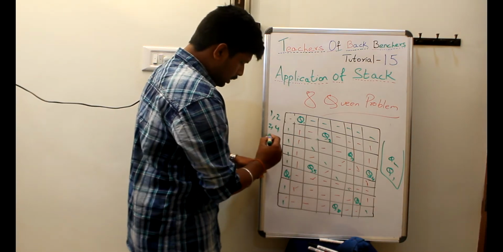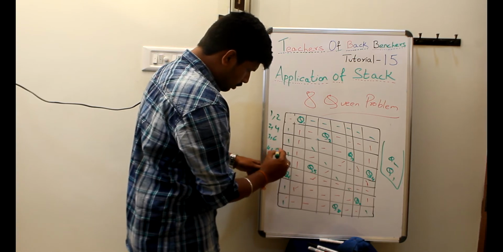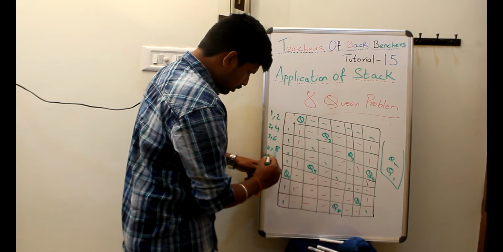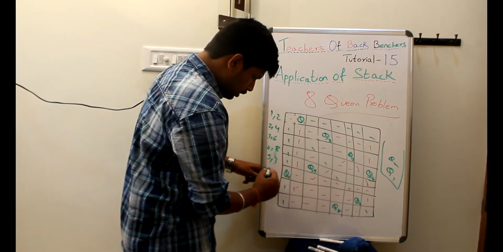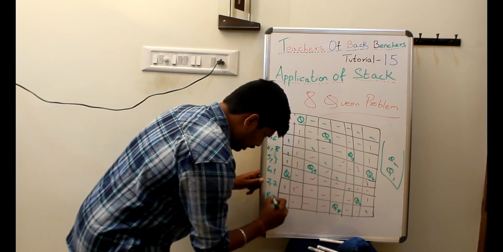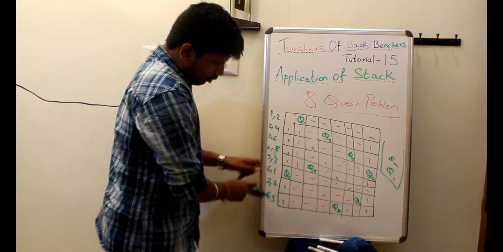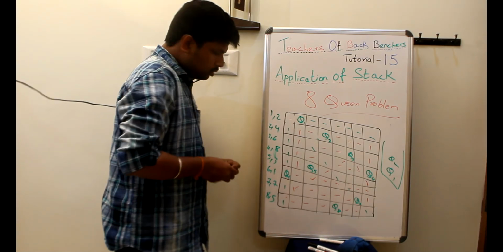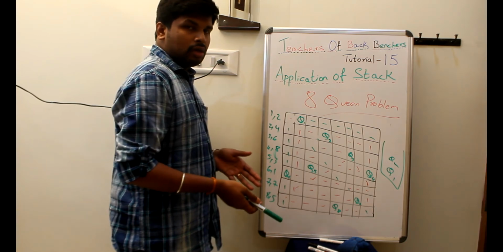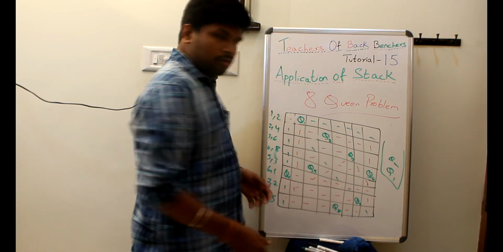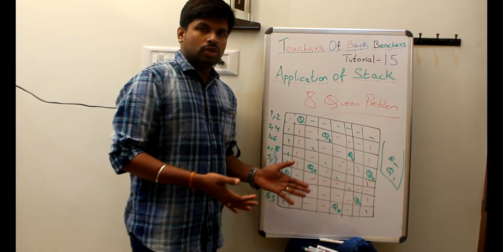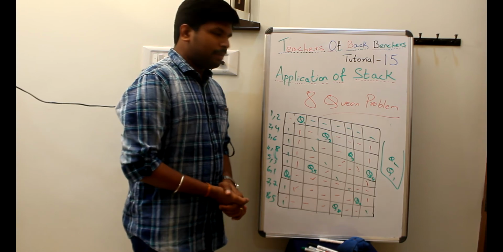So similarly 3, 6, 4, 8, 5, 3, 6, 1, 7, 7, and 8, 5. So rows 1, 2, 3, 4, 5, 6, 7, 8 and columns 2, 4, 6, 8, 3, 1, 7, 5. That is the number you have to remember if you want to write the same answer in the final exam. So this is the 8 queen problem, and this is the solution to easily remember for this application of stack.